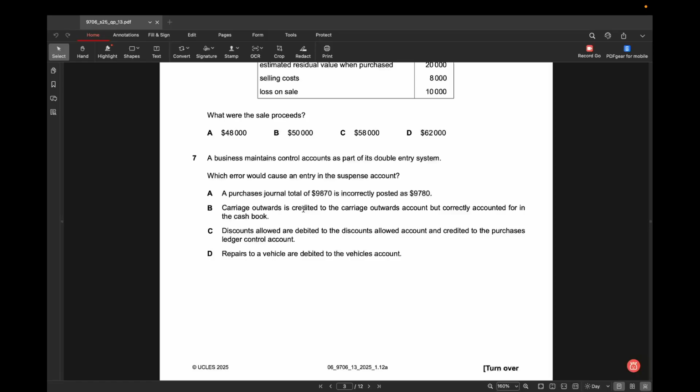It means that this account is less on the debit side. We were supposed to be on the debit side, we wrote it on the credit side. Now because of this, the suspense account would be created. Your right answer for this is number B, carriage outward is credited to the carriage outward account. Okay, 7B.